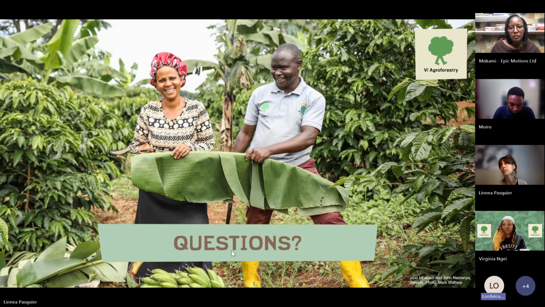We have a number of community facilitators working with farmer groups, so they support data collection and data submission.